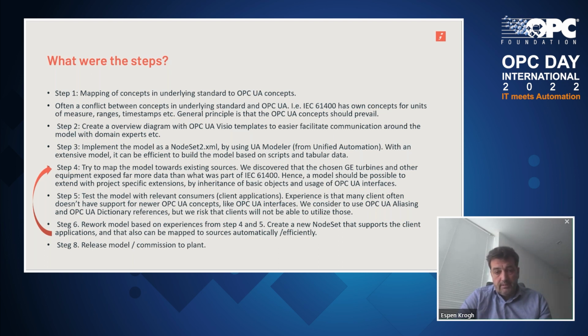The risk of using this is that clients won't be able to utilize those in the client applications. After the experience with both sources and consumers, we rework the model based on these experiences and run a couple more iterations. Eventually, after a few iterations, we believe the model is ready to be tested and commissioned to the plant.